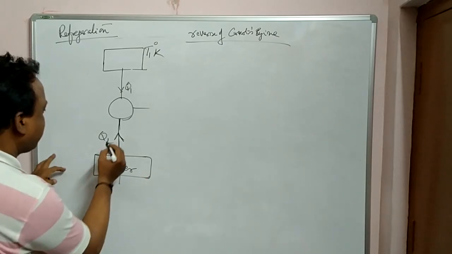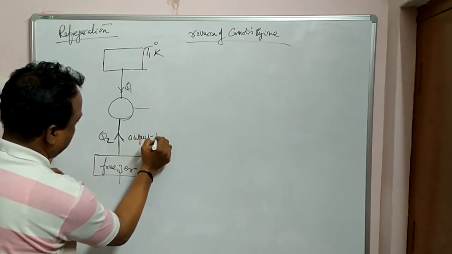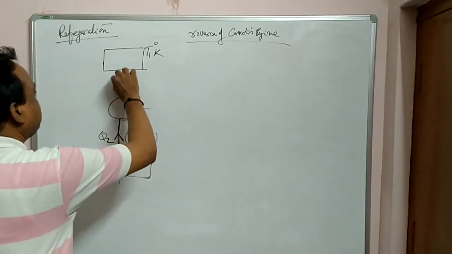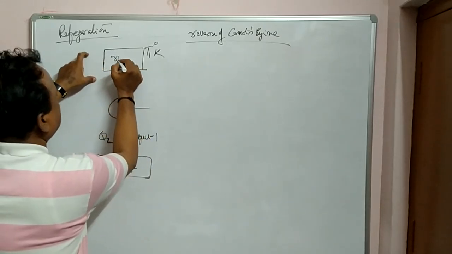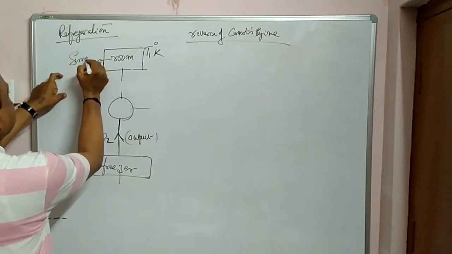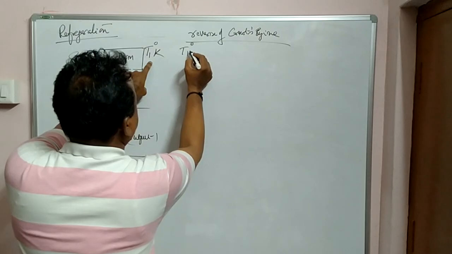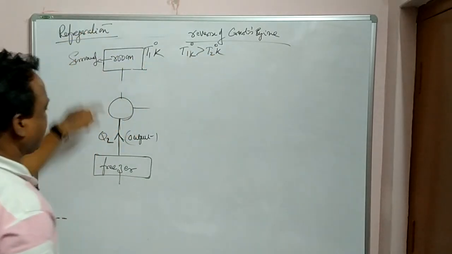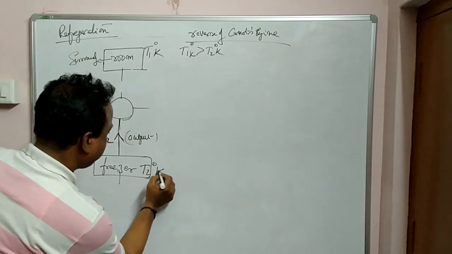That is the output. Q2 is the output, and this is the surrounding room, and here T1 degrees Kelvin is greater than T2 degrees Kelvin, the surrounding temperature. Then the freezer is at T2 degrees Kelvin.